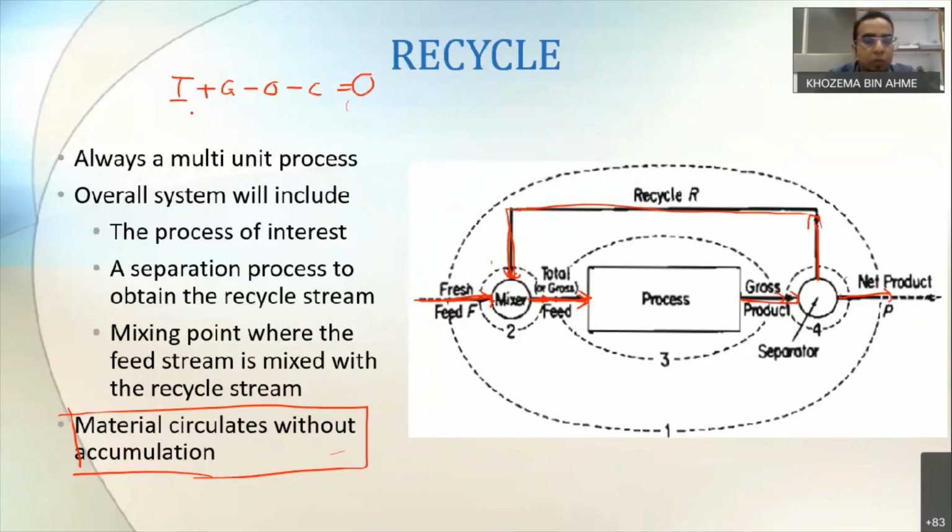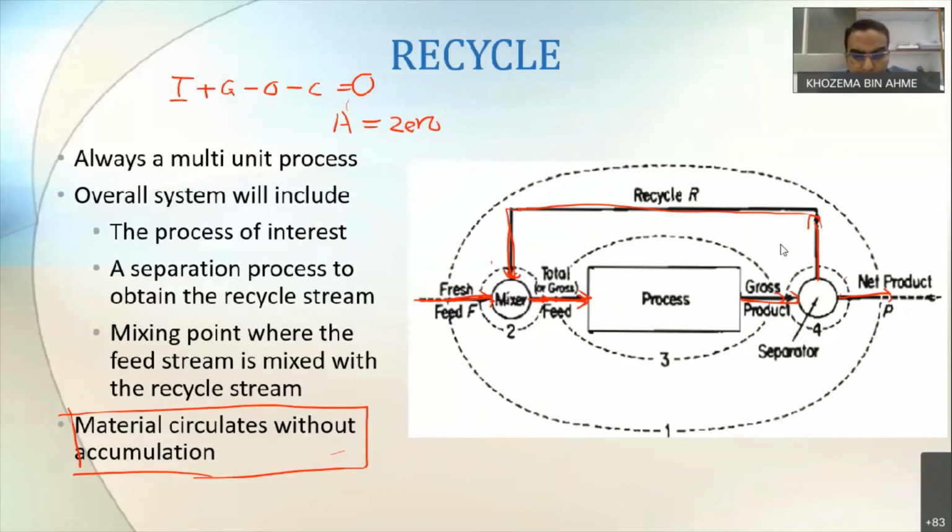You decide whether you have a generation term or consumption term based on whether the system is reactive or non-reactive. But accumulation will always be equal to 0. There will not be accumulation in your system.